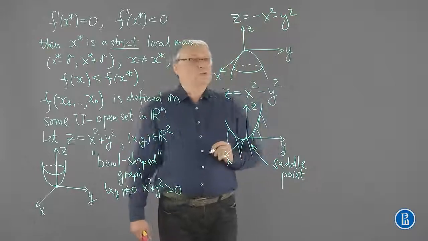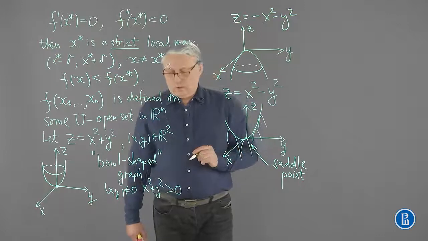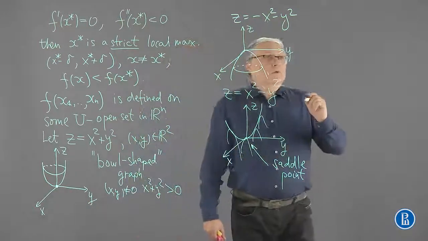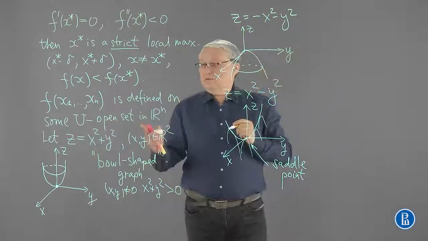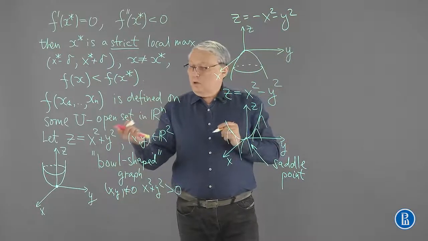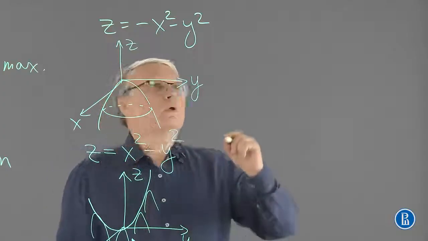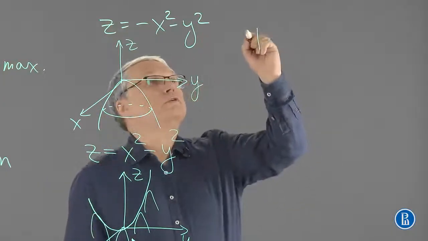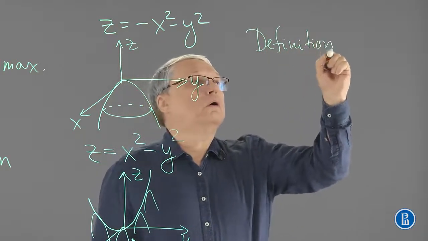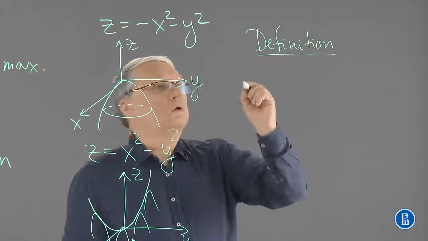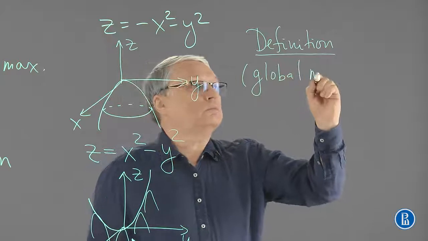Now it's time to proceed with the formal definitions of maximum and minimum. So, let's suppose our function is defined as earlier on U, which is an open set in Rn, and we say, so that will be definition. Now we're defining global maximum.